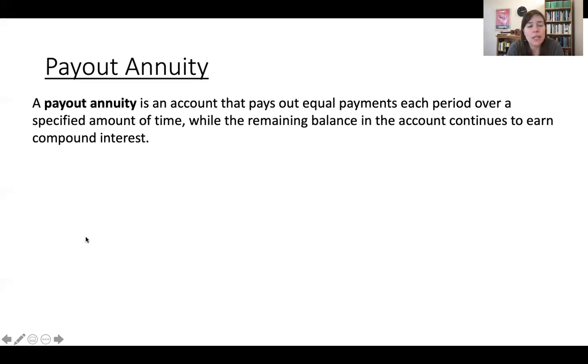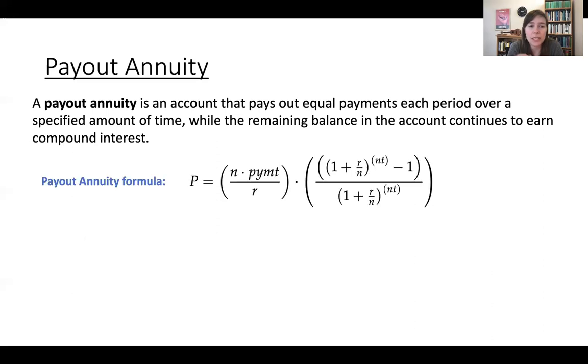And so the payout annuity formula looks like this, which is slightly more horrific than the ordinary annuity formula, but most of the components are the same.